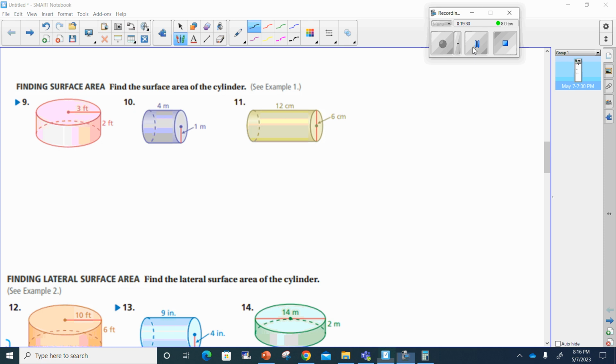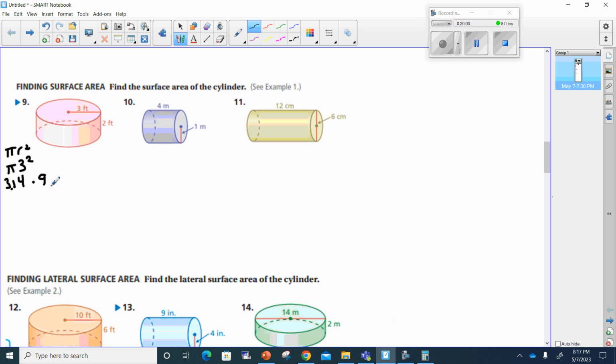Number 9. All right, I'm going to work these a little quicker because now we've got the gist of this. First, I'm going to use my area formula. Remember, that's going to be pi r squared. We know that the radius is 3, so that's 3 squared times pi. I know 3 squared is going to be 9, and I know pi is 3.14.